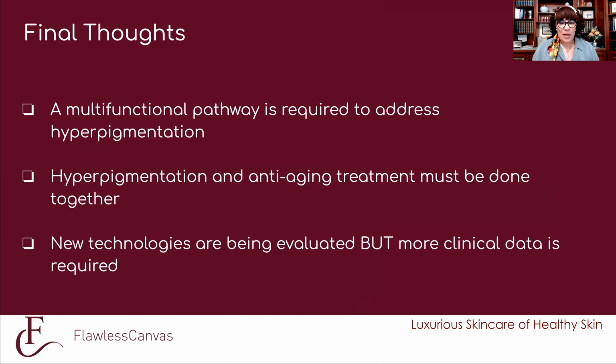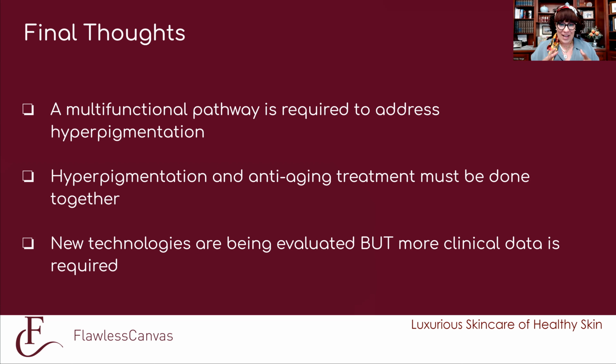A multifunctional pathway is required to address hyperpigmentation. We know there are several factors involved in hyperpigmentation, coming from the environment, internally, from keratinocytes, from immune cells, from the dermis. We need to address all of them to be able to control hyperpigmentation, especially stubborn hyperpigmentation. Hyperpigmentation and anti-aging must be done hand in hand. Why?